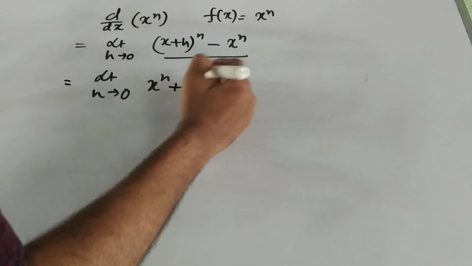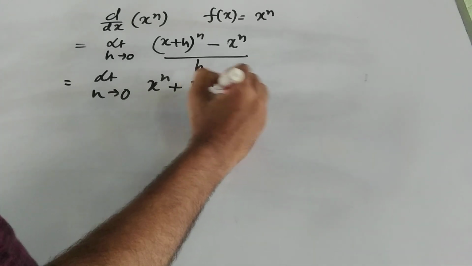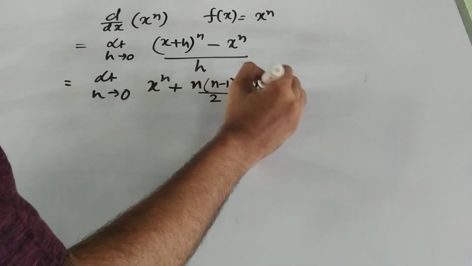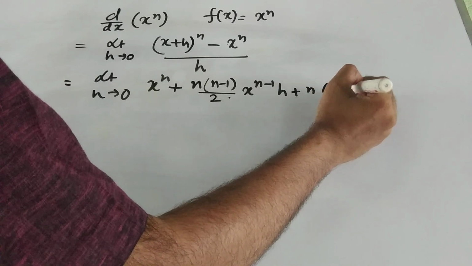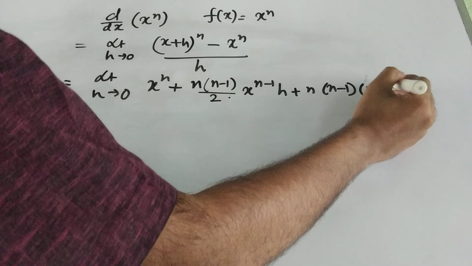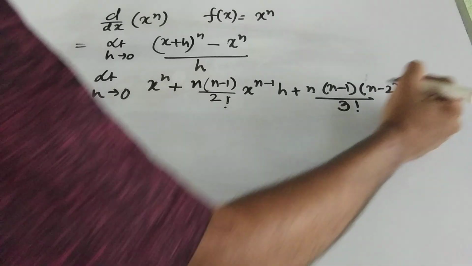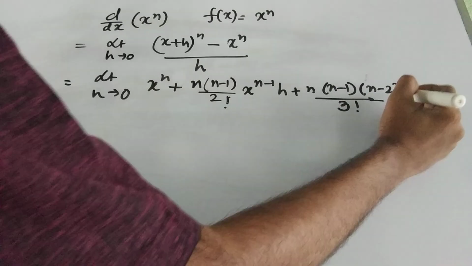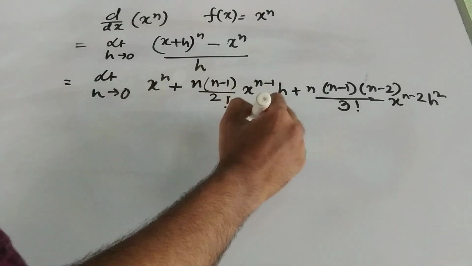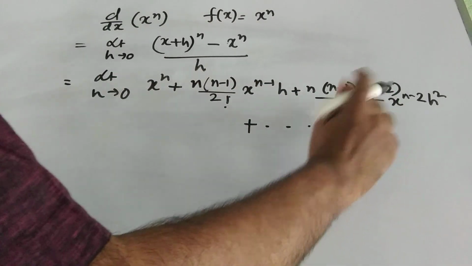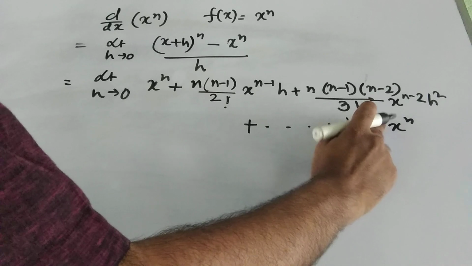Then it will be n into x to the power n minus 1 into h, plus n into n minus 1 divided by 2 factorial, with the coefficient x to the power n minus 2 into h square, plus n into n minus 1 into n minus 2 divided by 3 factorial, and so on up to h to the power n, minus x to the power n, right?